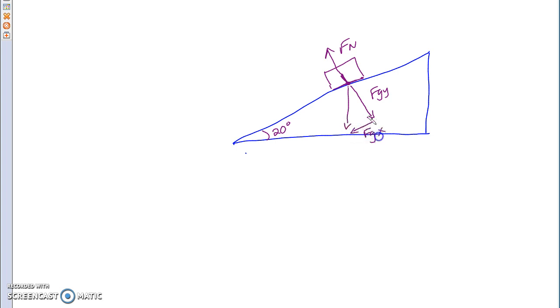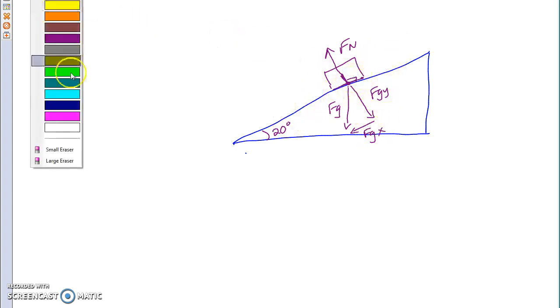Now a few things to note: your Fn is always perpendicular to the surface, and your Fgy is opposing your Fn, and of course your Fgx is parallel to your surface in this situation. And yesterday we took a look at what this angle was right here.